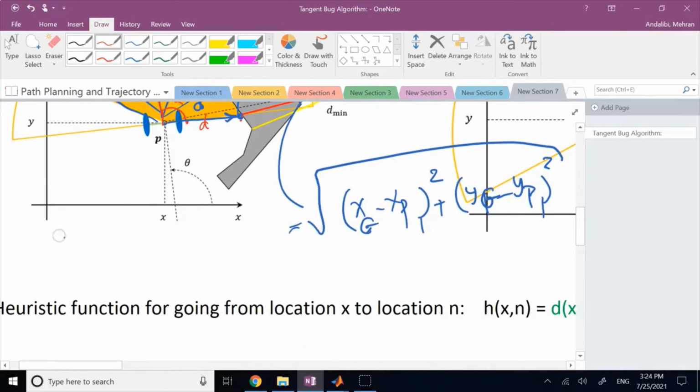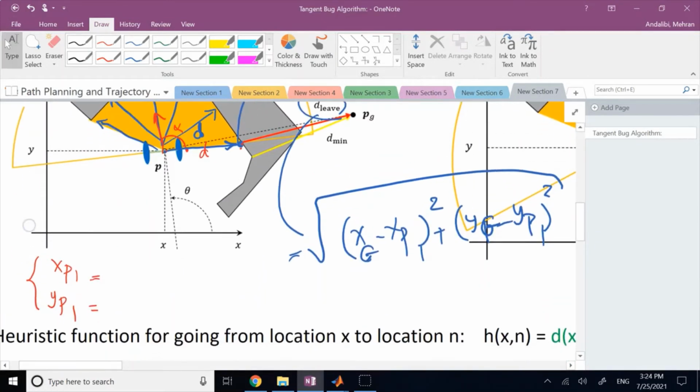So if I want to say what is xP1 and what is yP1 here, they are equal to basically x, which is the center of the robot with respect to the origin of the inertial frame, plus this distance d with relative angle alpha, and then you have to project it back into the global frame.